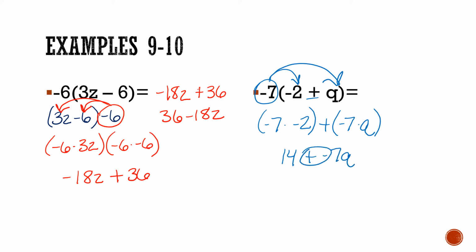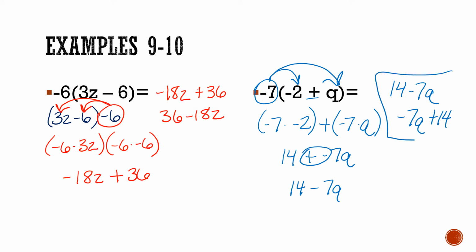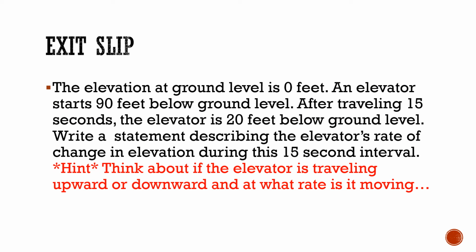So 14, that's not matching signs, so minus 7q. So we could have 14 minus 7q, or we could have negative 7q plus 14, because that 14 is positive. So either one of those two would be the correct answer. Okay, pause your video and complete your exit slip.